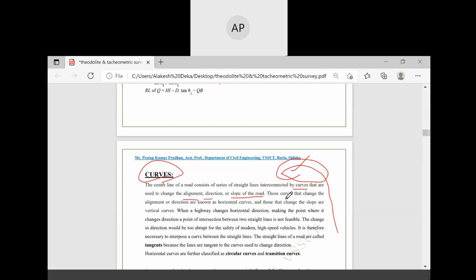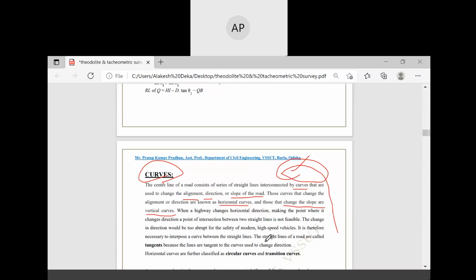Those curves that change the alignment or direction are known as horizontal curves, and those that change the slope are called vertical curves.